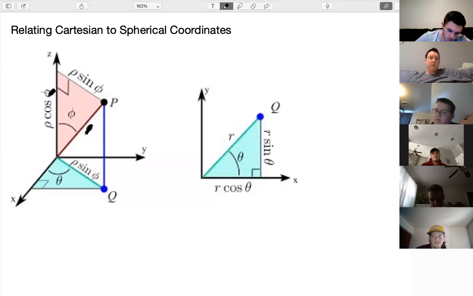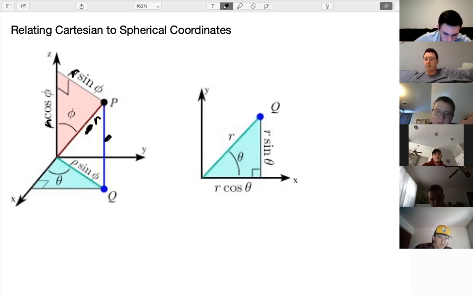We're going to call this r. r is the radius from the origin to the point P in spherical coordinates. So I see I can make a triangle here with the z-axis. So that would be r cosine phi, where phi is the azimuthal angle, and r sine phi there.